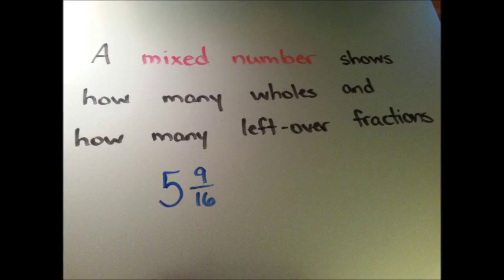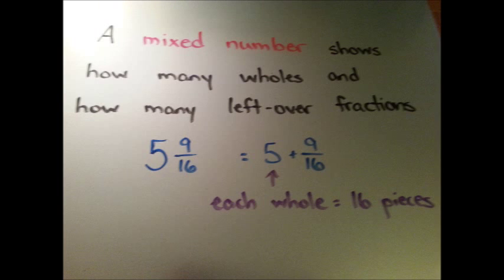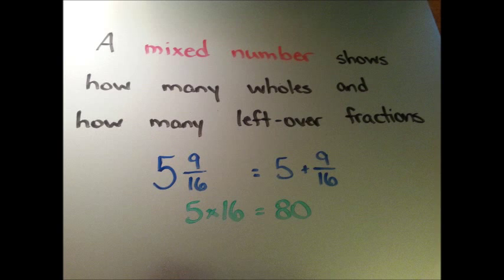Another term that we should recognize is the idea of a mixed number. A mixed number shows us how many wholes and how many leftover fractions there are. For example, 5 and 9/16 means we have 5 wholes and 9/16. Each one of those 5 wholes is 16 pieces, so we could figure out that those wholes, 5 groups of 16, is 80.